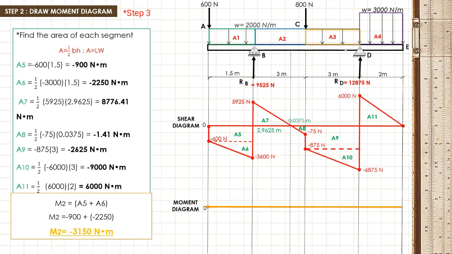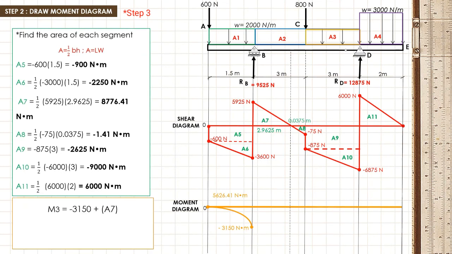As we can see, it is a negative, so we will go down from the line reference. Then for M3 is equal to negative 3150 plus A7, which is 8776.41. Then the answer is 5626.41 Newton meter, which will now go upward.